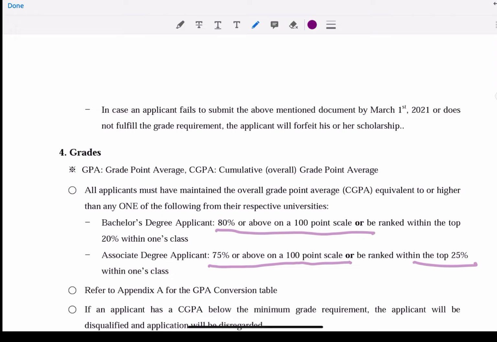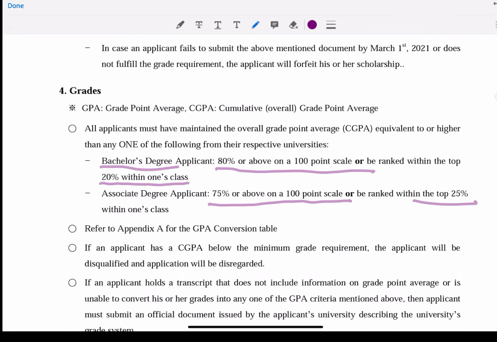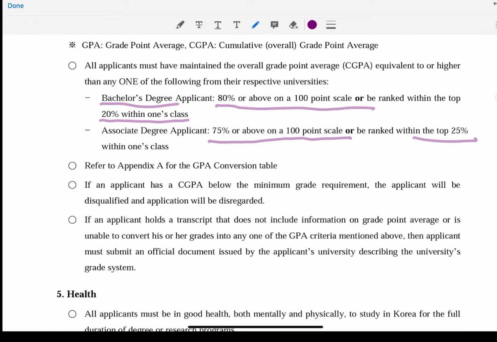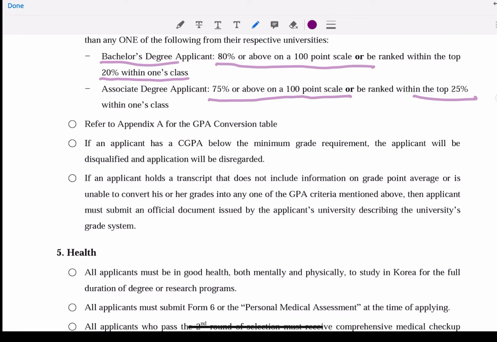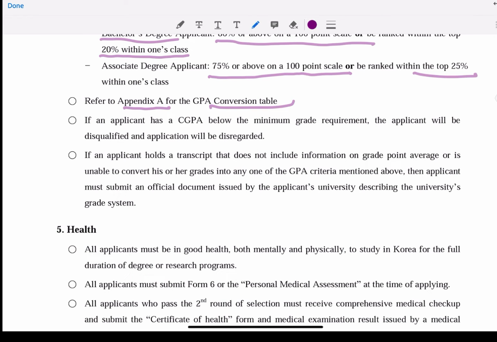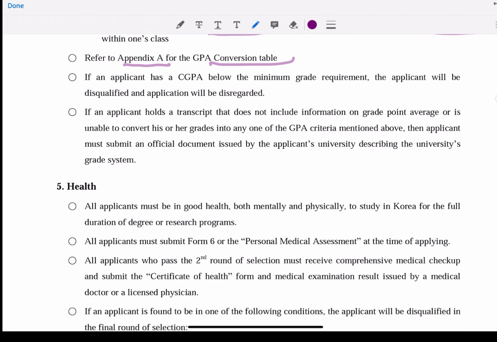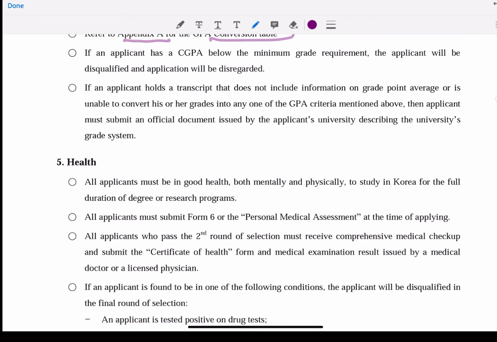So you can submit either the top 20% within one's class certificate, or the GPA like 80% or above on a 100-point scale, or on the other GPA, in the GPA table it is clearly mentioned what your minimum requirement should be. Yeah, it's also mentioned here, Appendix A for the GPA conversion table. Okay, if the applicant has a CGPA below the minimum grade requirement, they will be disqualified. Yeah, everything mentioned in the guideline must be followed by those applicants trying to apply for this scholarship program. If you don't follow the rule, you are not eligible.